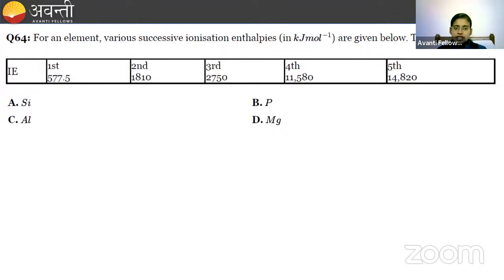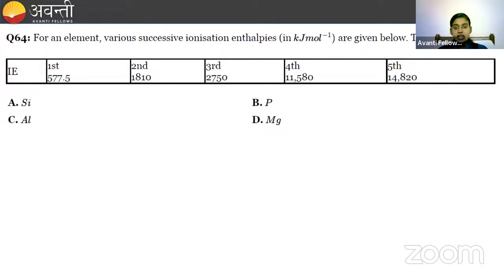The first ionization energy is around 500 and the second is just about double the value, so around 1000. The third is around 2000, which is double the value of 1000. So from first to second and from second to third, the values are getting doubled. But when you go for the fourth ionization energy value, it is going very high.